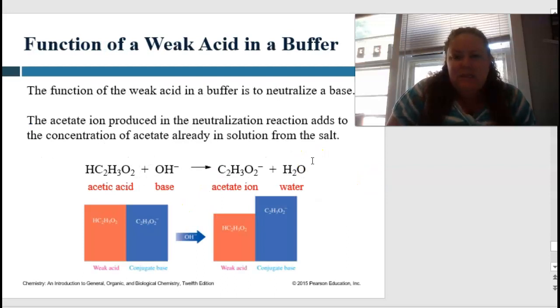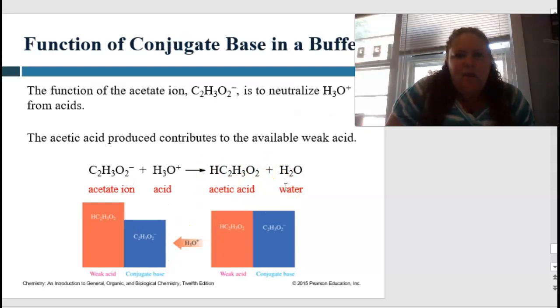So again, the function of a weak acid in the buffer is to neutralize the base. The acetate ion produced in the neutralization reaction adds to the concentration of the acetate already in the solution from the salt. So again, you can see here, you have your acetic acid and your base, and then you have your acetate ion and the water.